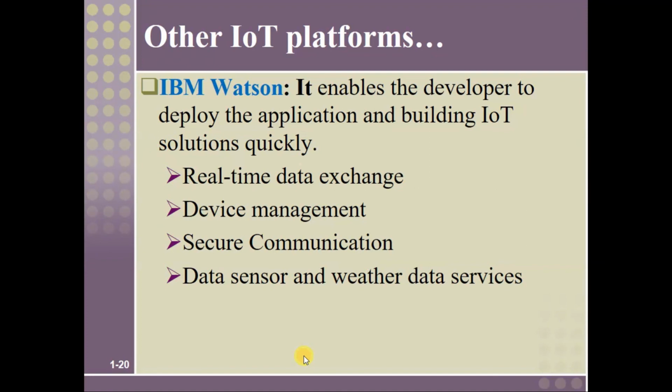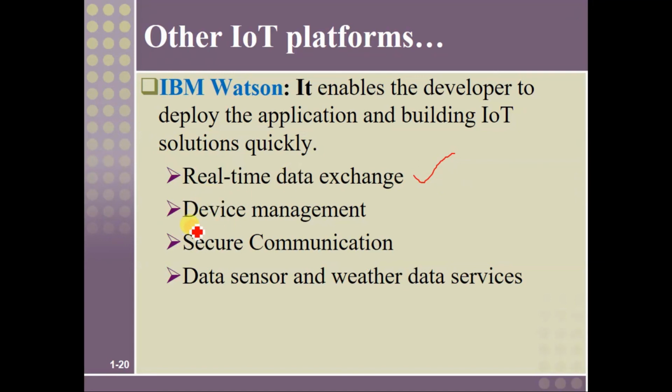Another one is IBM Watson. It enables developers to deploy applications and build IoT solutions quickly by providing these types of functions. The first one is real-time data exchange, used for real-time data sharing among the devices.